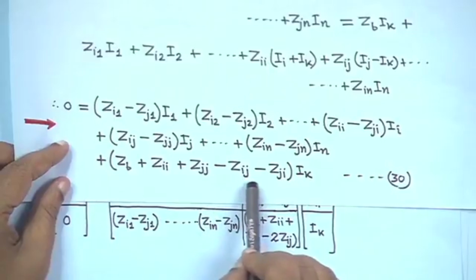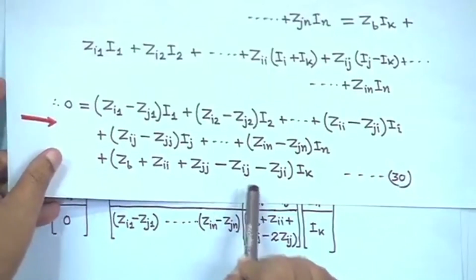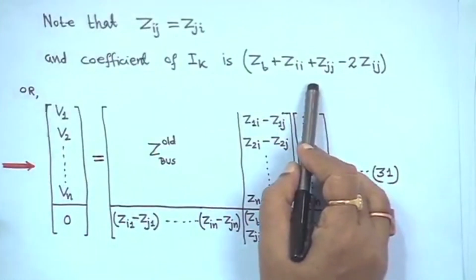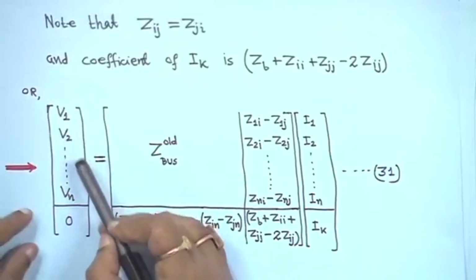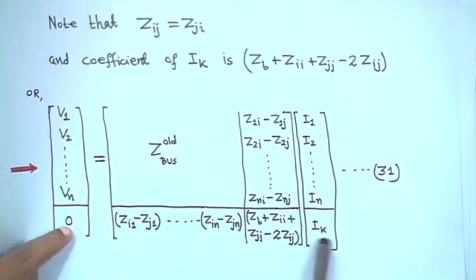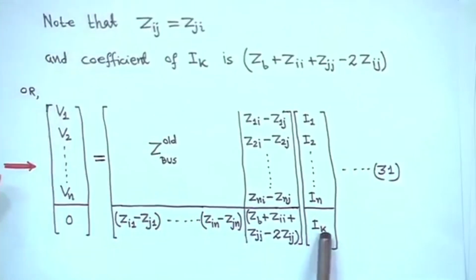So, it will be minus 2 Zij in this expression, that is equation 30. And the coefficient of Ik is this one, that means we can write the same thing V1, V2, up to Vn, as if Vk is equal to 0, and this 0 will be equal to whatever comes; this Ik you have to find out.